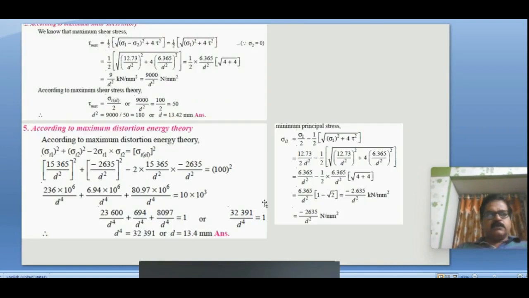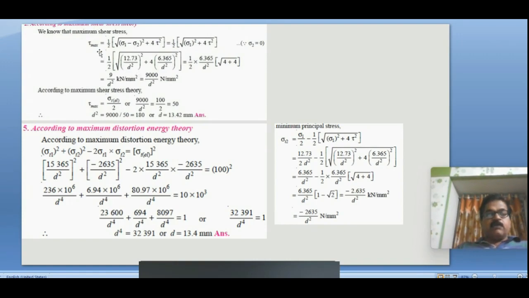Let us look at the second one, maximum shear stress theory. So tau max is equal to half of the square root of (sigma 1 minus sigma 2) whole square plus 4 tau square. Let us substitute sigma 2 as 0, sigma 1 as the calculated normal stress, and tau as 6.35 by d square.